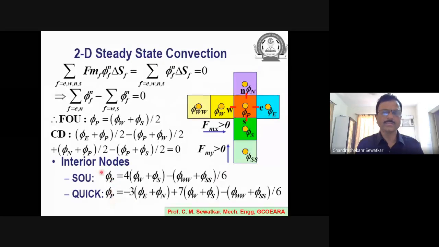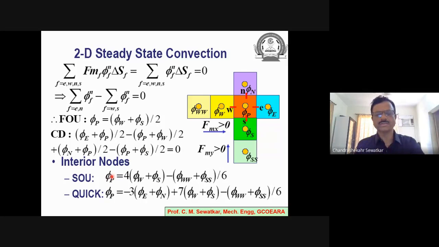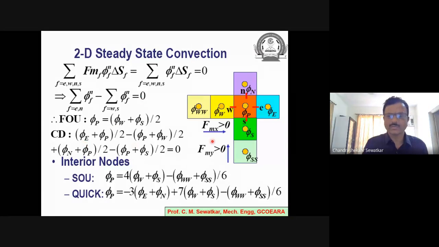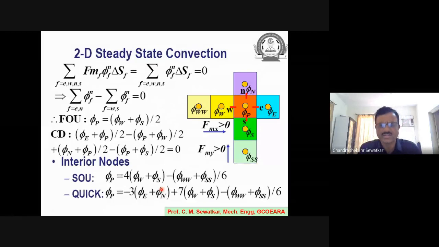These values of phi_P can be determined for all the cell centers. So these are the new values of phi_P, which will provide us the convected variable in the entire domain. So what we can do, we can deploy these equations to all the cell centers and find out the new values of phi_P.